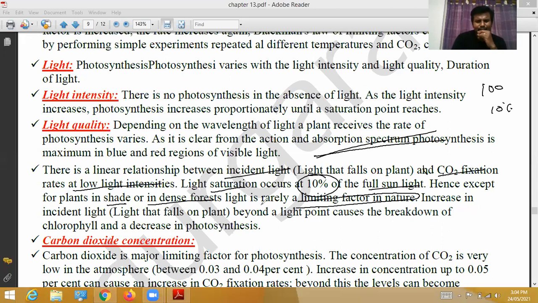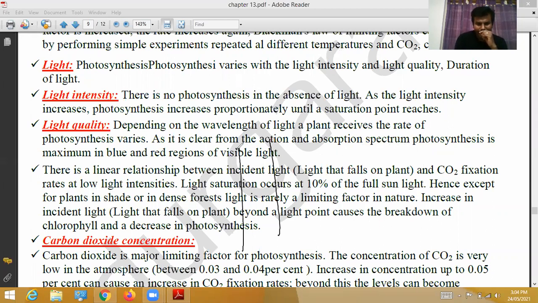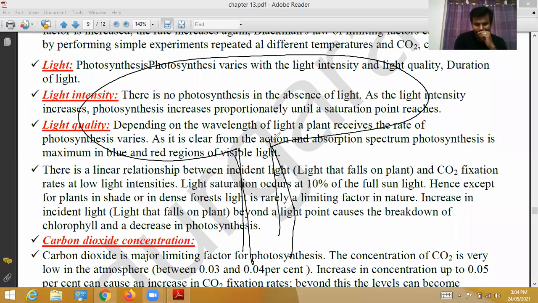So light is not important for some plants, those that basically grow in shade or dense forests. In forest areas, the canopy will be large. This is the stem, and the canopy is like this, large.